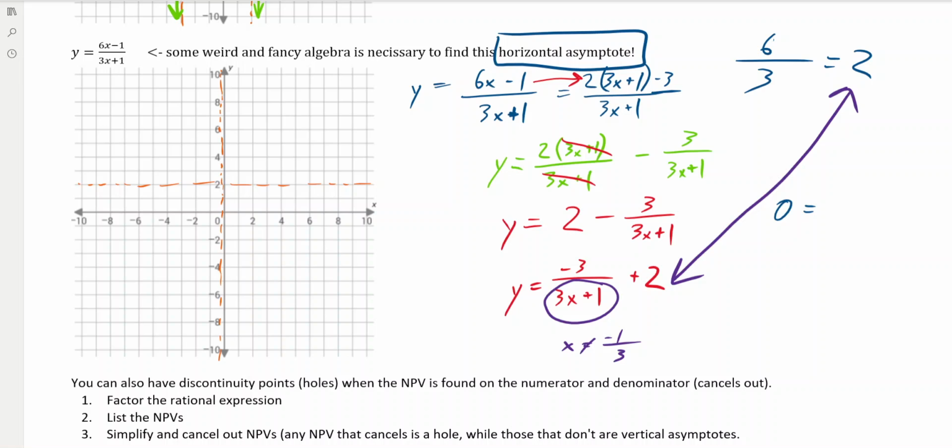What's going to be easier? Probably we have to use this one. Okay, let's move the 2 over. So now we're going to have negative 2, negative 3 over 3x plus 1.